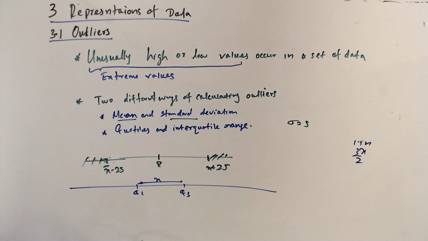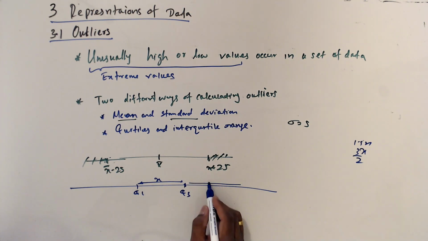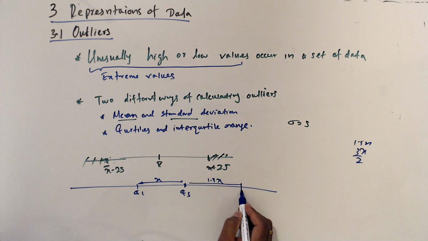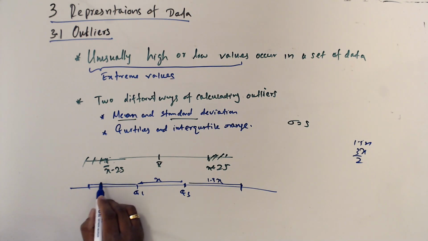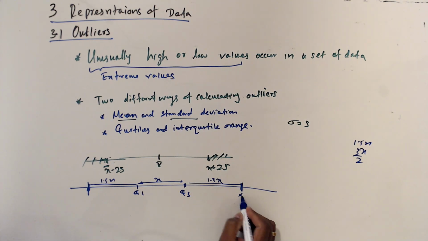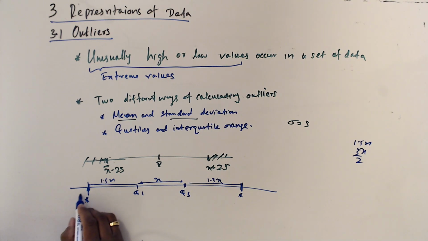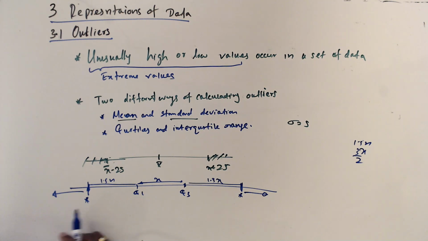So if this is Q3, we find the distance 1.5x and take this boundary. From Q1 we reduce by 1.5x. Beyond these two points, values are going to be outliers.